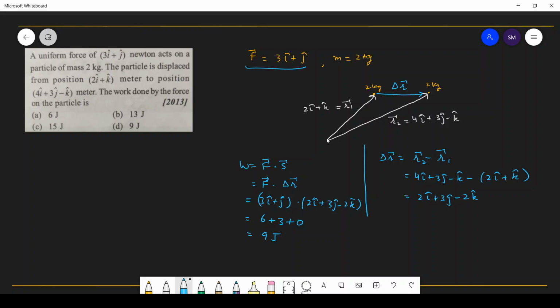You can see this with the triangular law also. The head of this is joined with the tail of this. So you can clearly see that R1 plus delta R is equal to R2, isn't it? This vector plus this vector is the resultant vector, so this is the resultant vector R2.